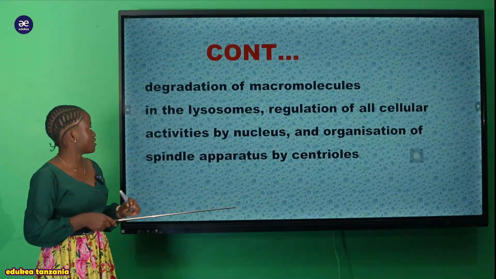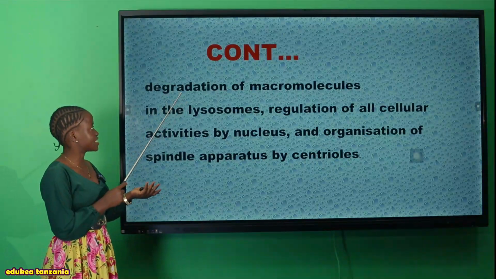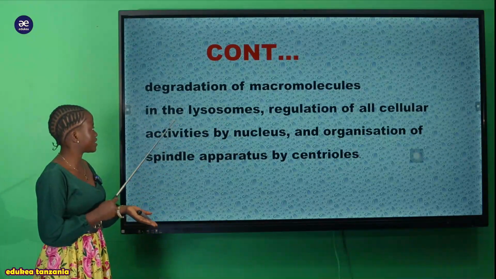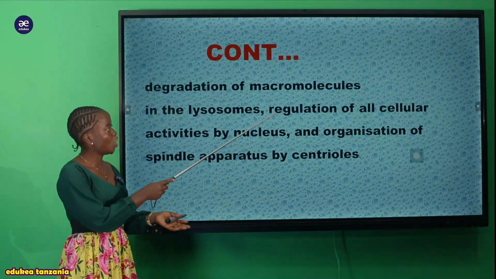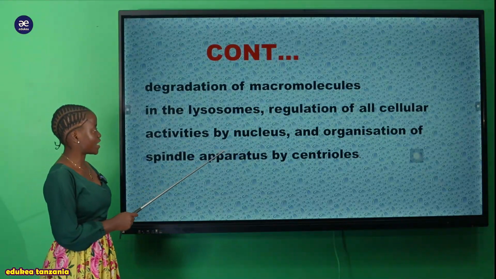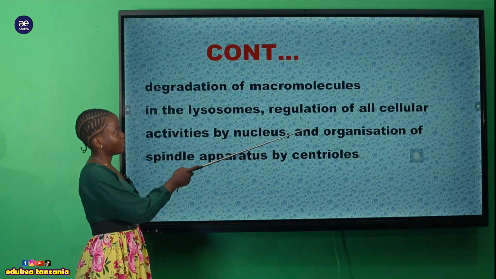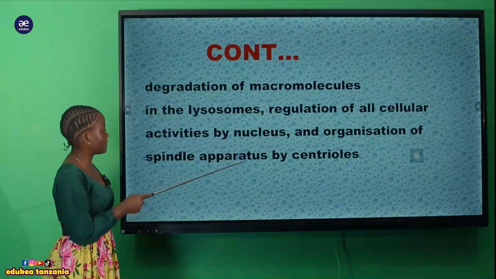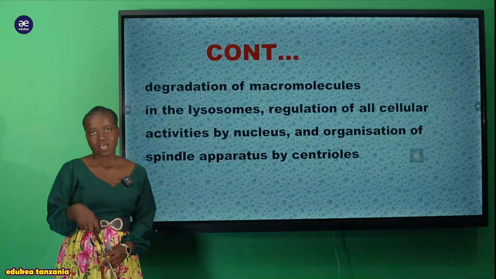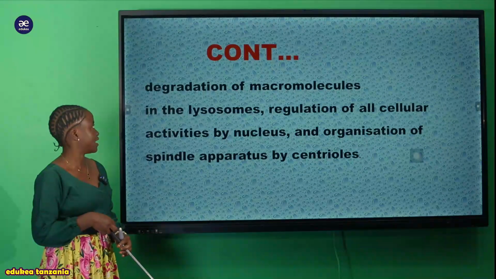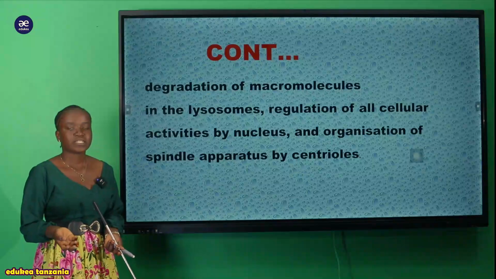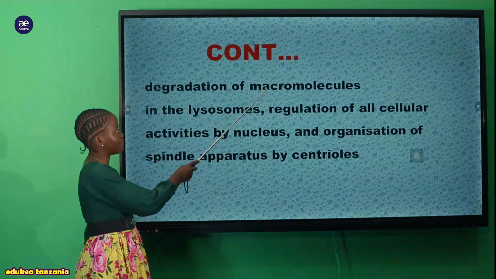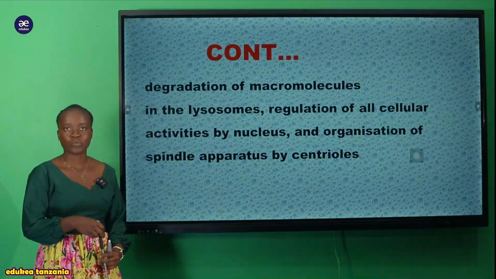So we can say that also we have this function, that is degradation of the microtubules in the lysosomes, and also we have this regulation of all cellular activities by nucleus and organization of spindle apparatus by centriole. So unaweza ukaona kwamba hii degradation of different kinds of secretion, it is performed by this organelle ambayo tunasema inaitwa micromolecules.